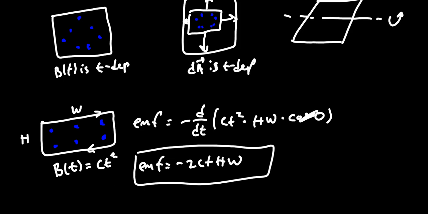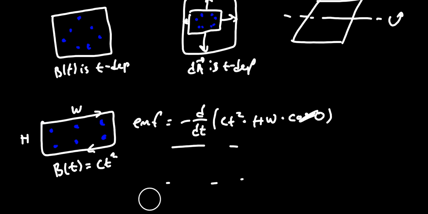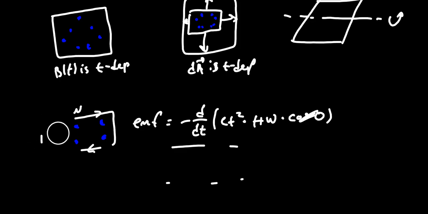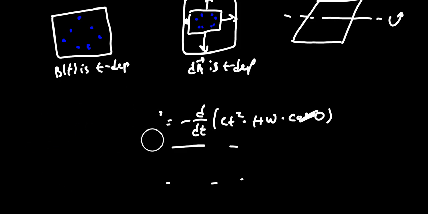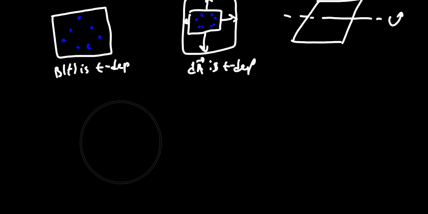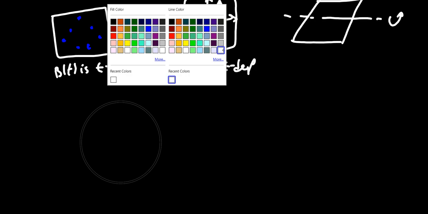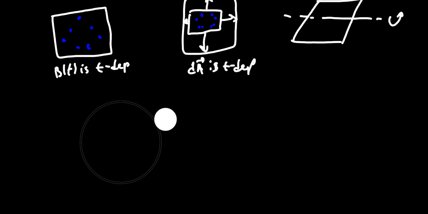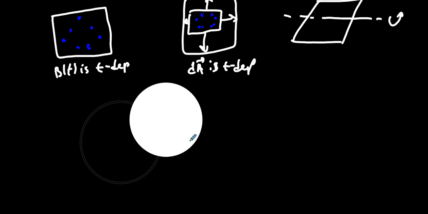So let's move on to another example. So we have a circular magnetic field. Magnetic field here.